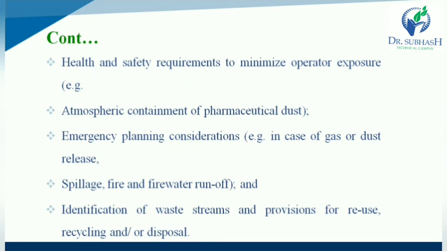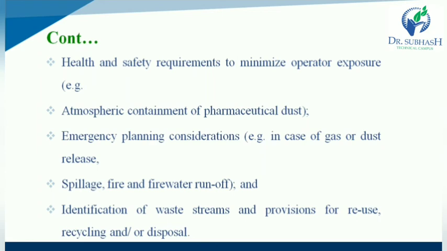Next one is emergency planning consideration. For emergency planning consideration, for example, in case of gas or dust release, spoilage, fire and fire water runoff, and identification of waste stream and provisions for reuse, recycling and disposal.